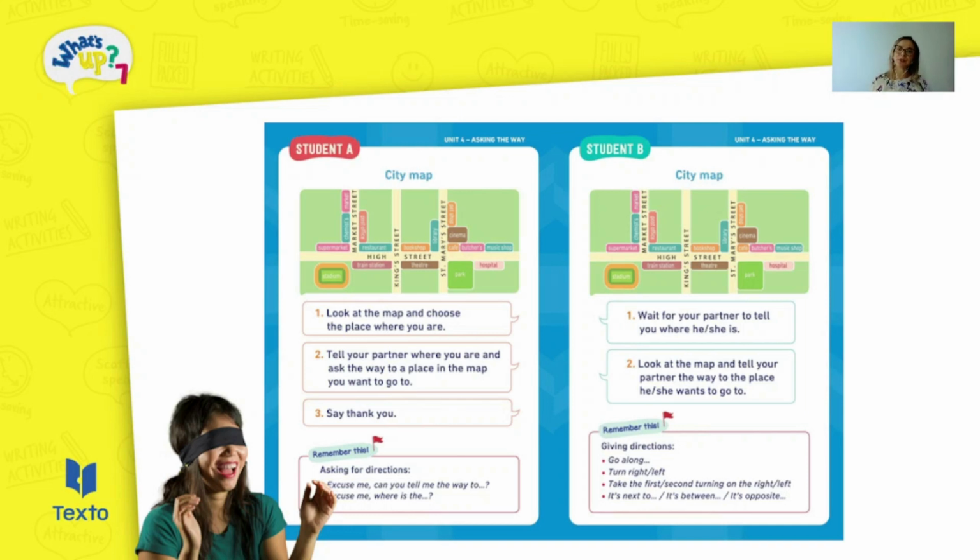So if the blindfolded student wants to go to the post office, the police officer must look around, see where the post office is located, and then give directions for that student to go there. So you go straight ahead, you take the first turning on the right, it's next to, okay, and then you have to guide the student to see if they make it there successfully.